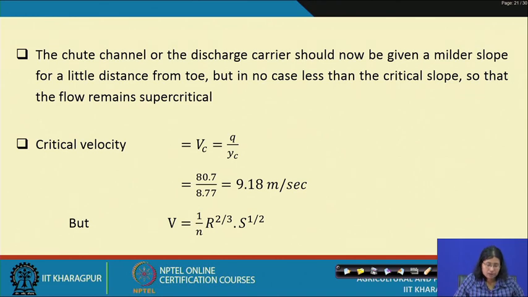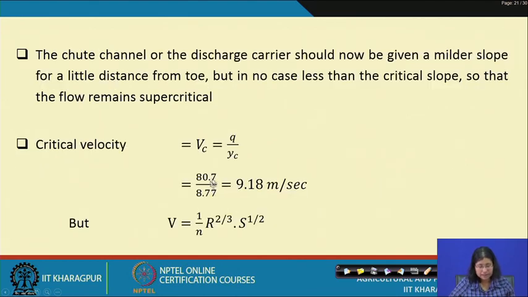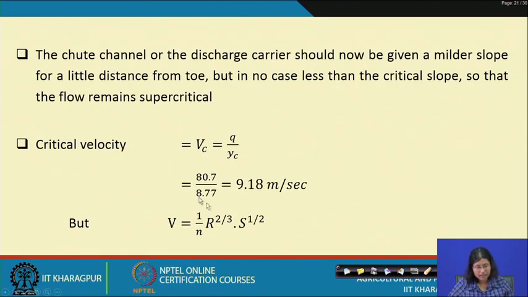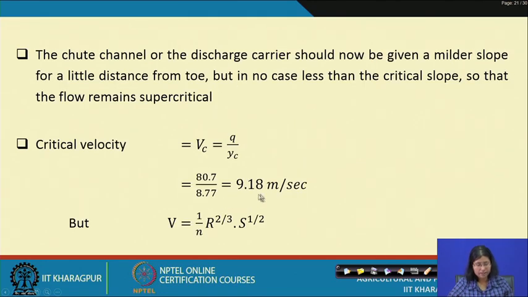Then the critical velocity V c is q, the critical discharge, divided by Y c, which is the critical depth. The critical discharge is 80.7, which we calculated in the earlier step, and this gives around 9.18 meter per second.